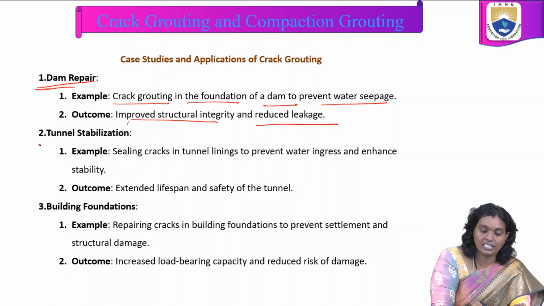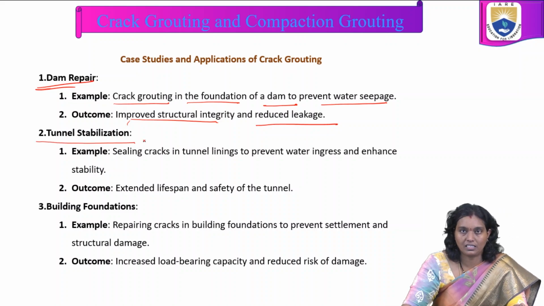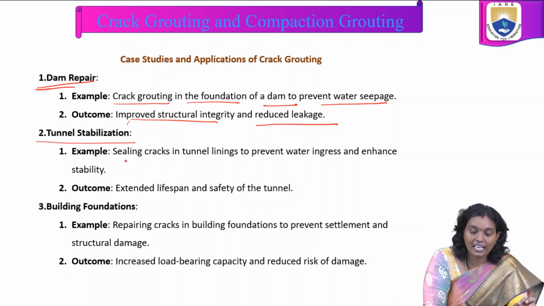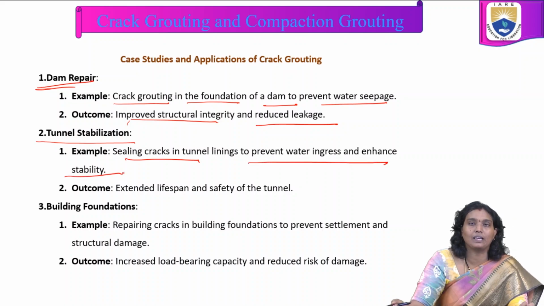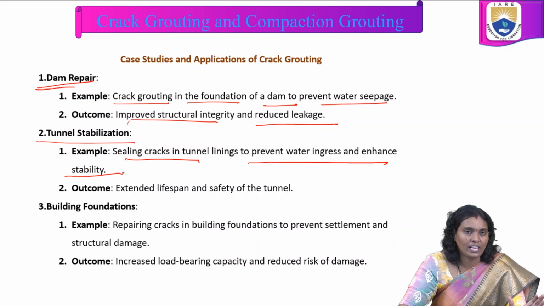The next case study, tunnel stabilization. Example, sealing cracks in tunnel linings to prevent water ingress and enhance stability. Whenever we choose the required material, apply the exact method using the correct equipment. What is the result of this type of case study?